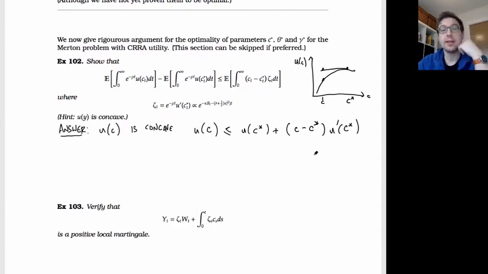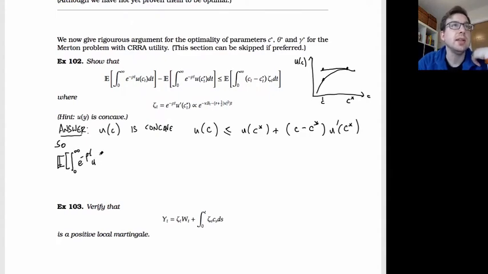We'll just apply this inside this integral here. So we have the expected value of the integral from 0 to infinity of e to the minus rho t, the utility of c of t dt, is less than or equal to the same guy.